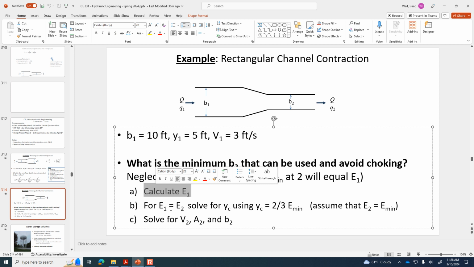Now, something to keep in mind from a qualitative perspective: the smallest B will lead to the biggest flow per unit width, lowercase q, for some certain q.